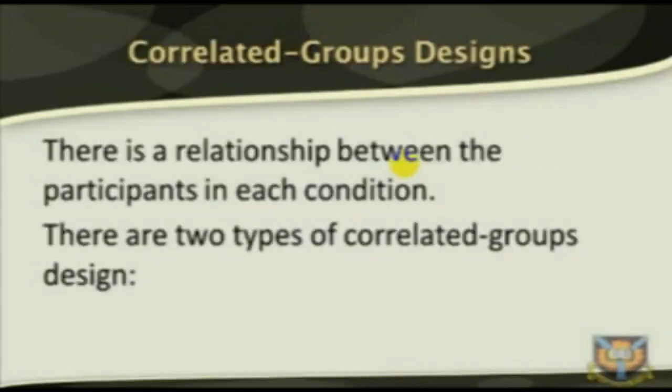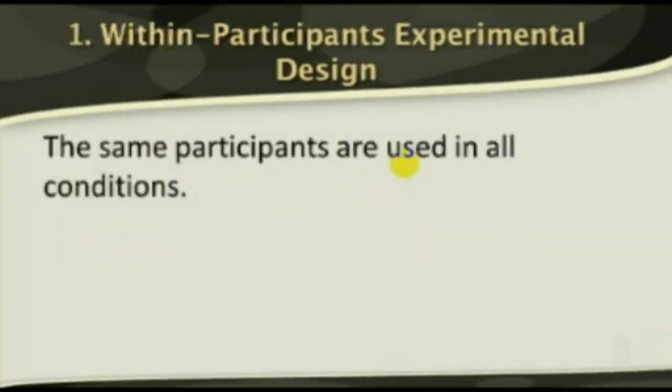Correlated group designs. The designs are those in which there is a relationship between the participants in each condition. There are two types of correlated group design: within participant designs and matched participants design. Within participants experimental design. In a within participants design, the same participants are used in all conditions.